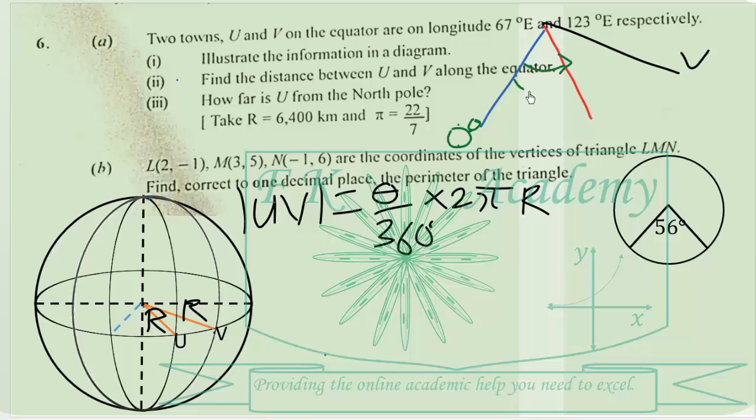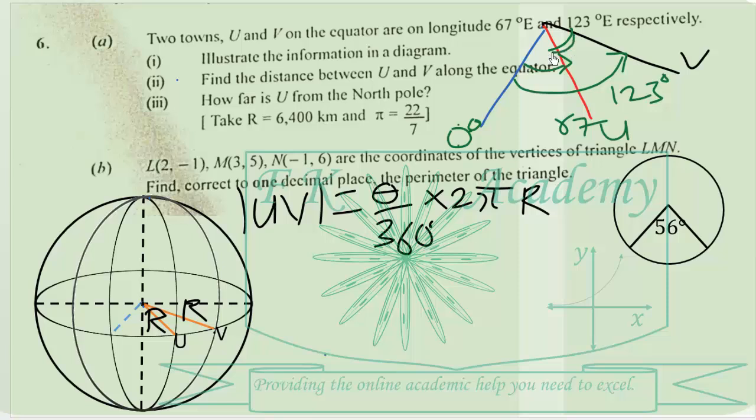Then the angular distance from longitude 0 to V is 123 degrees. So we want to find the angle between U and V, this angle here. How do we do that?